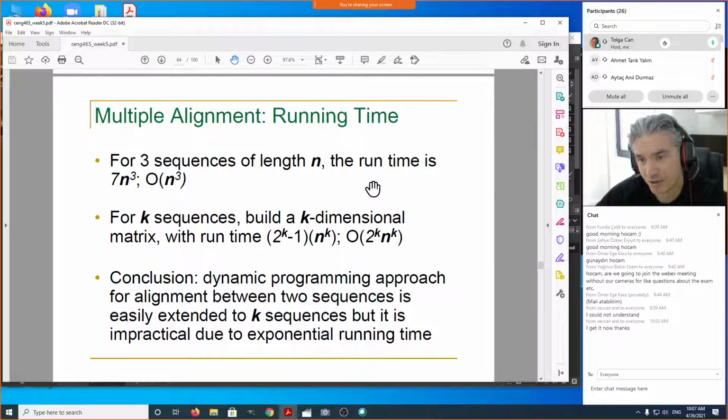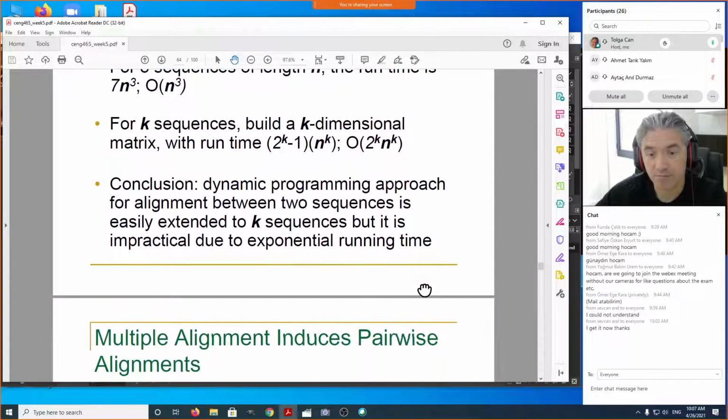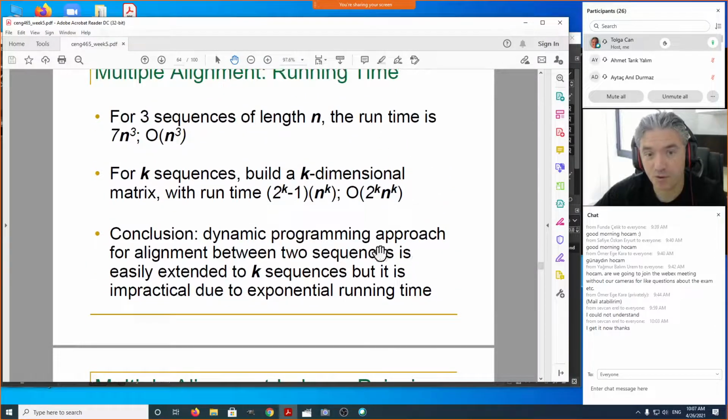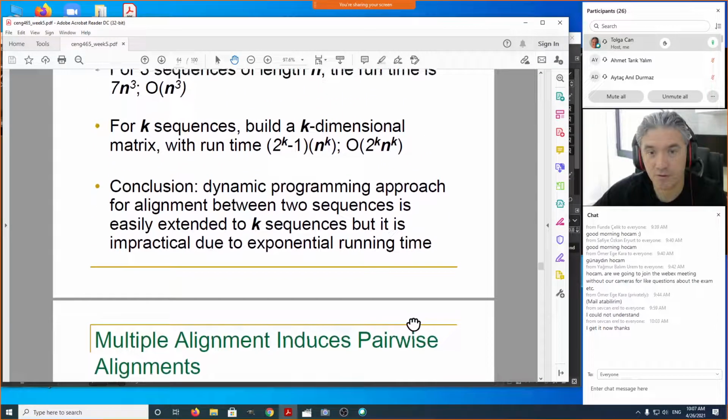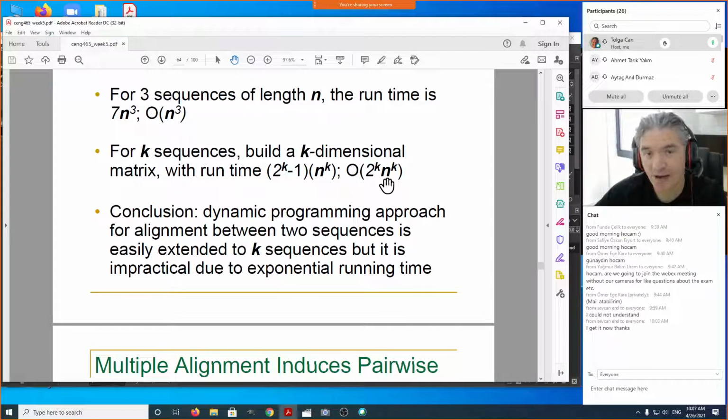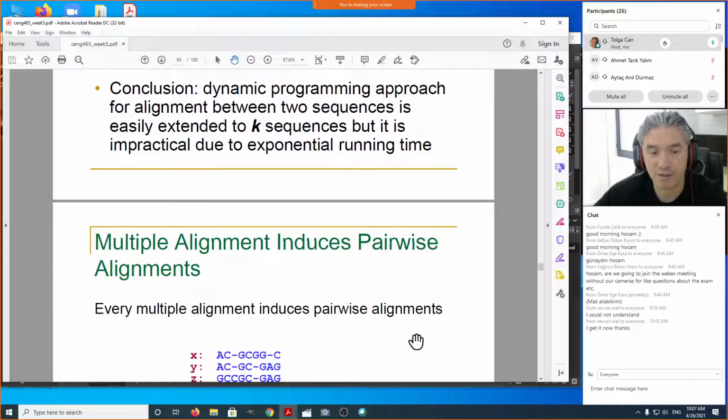This discussion basically states that the dynamic programming solution, which solves the pairwise alignment problem, is not feasible, not practical for multiple sequence alignment. This also shows why multiple sequence alignment is a more difficult problem than pairwise alignment. Extending our optimal solution is not feasible because the time we're going to spend on aligning these sequences will increase dramatically.